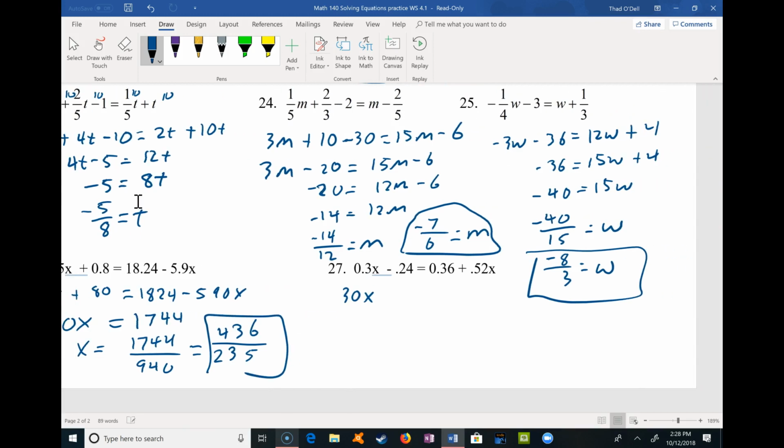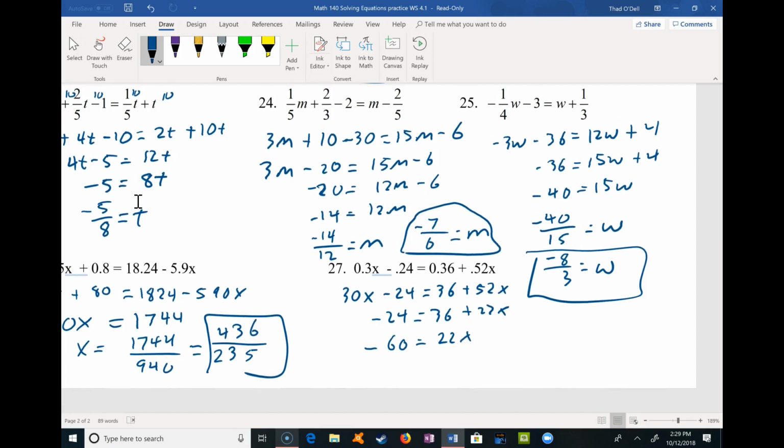Okay, back here, multiply everything by 100. That'd be 30x minus 24 is equal to 36 plus 52x. Subtract 30x from both sides, and I get negative 24 is equal to 36 plus 22x. Subtract 36 from both sides, and I get negative 60 is equal to 22x.